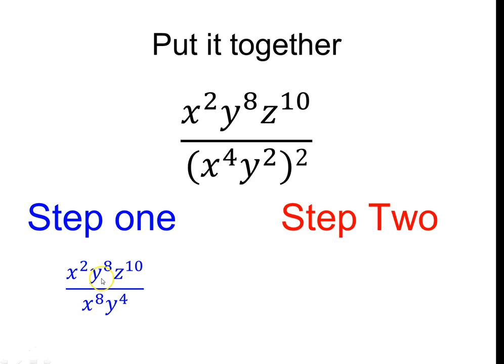I would realize I would have x to the 6th on the bottom, wouldn't I? If I have y to the 8th on top and y to the 4th on the bottom, then I would have 4 left on the top. And of course the z didn't have any problems, so we didn't have to worry about that.